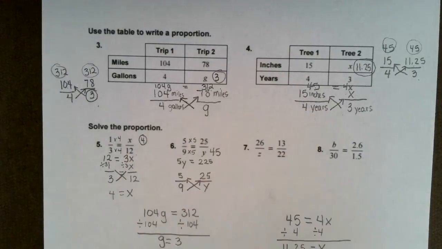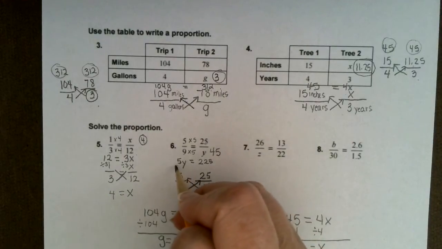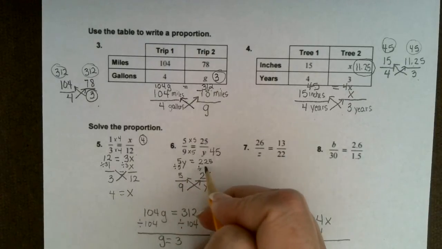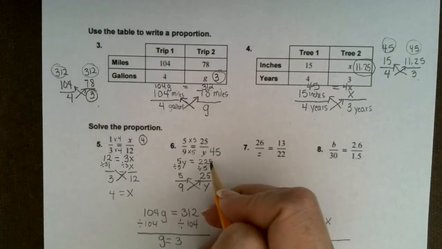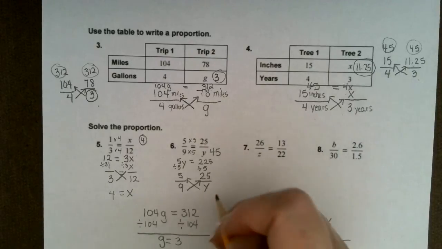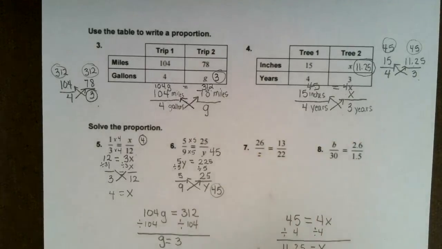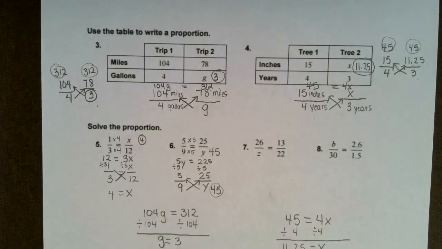Those things have to be equal. So then instead of 5 y's, we just want 1 y. So we divide by 5. That leaves us with 1 y. And divide by 5. And 225 divided by 5 gives us that 45. And then you could cross multiply and check those.